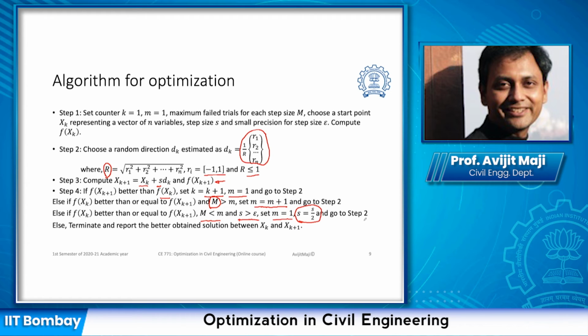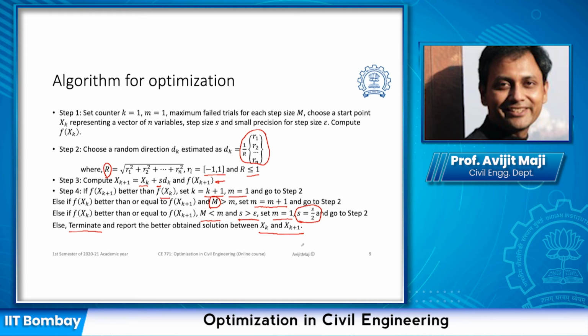If all these conditions are not satisfied, then we have reached a point where we have obtained the required precision and hence we are terminating the process and reporting the location which is better for this particular objective function. So we had 2 points, xk and xk plus 1. We need to compare the objective function value at that particular location, and whichever gives us the better value, we need to report that.